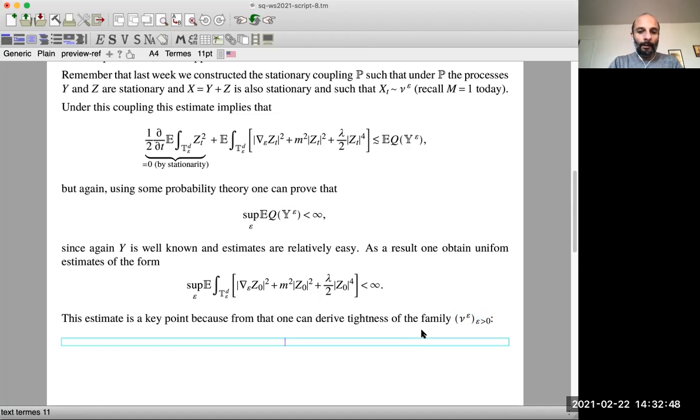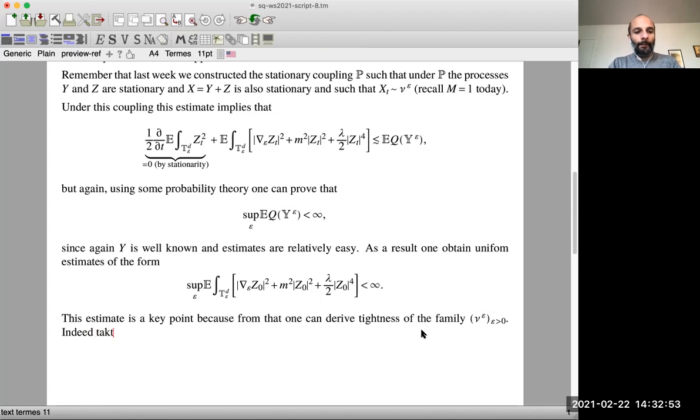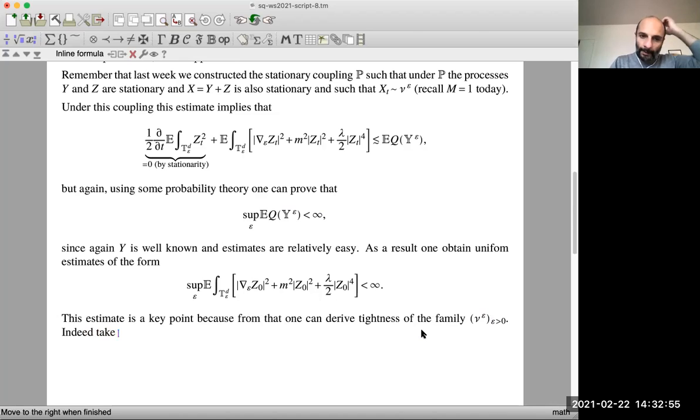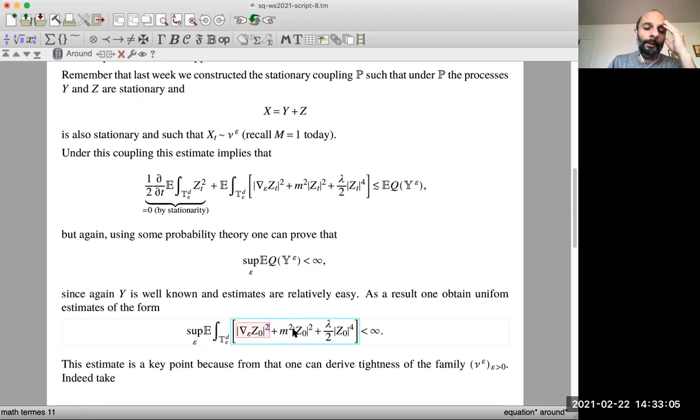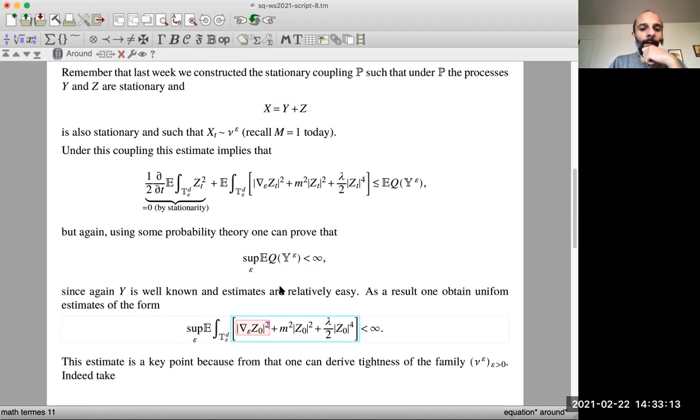Why? Well, let's see. So now you have to be careful, okay? Tightness in which space, okay? And remember that x is the sum of y and z, and z is regular somehow, okay? You know that you can control the H1 norm, the L2 norm, the L4 norm. You could even control higher norms, the LP norm, if you work a bit more. But let's stop here.